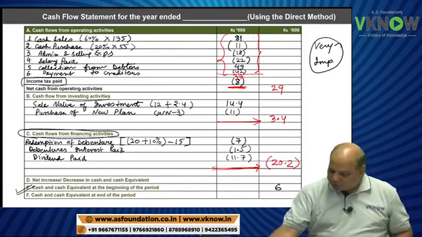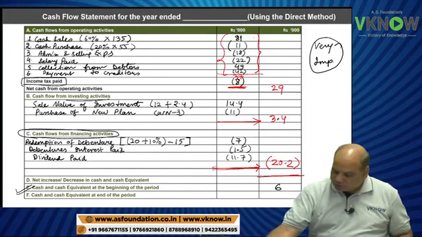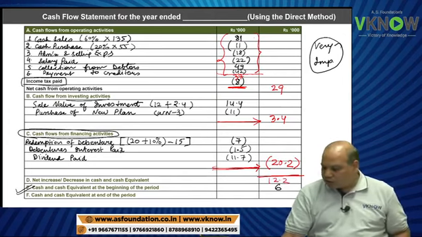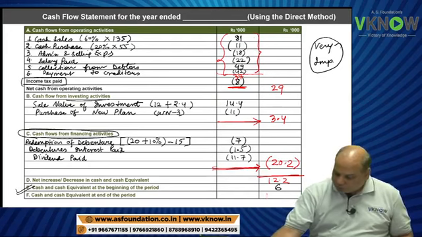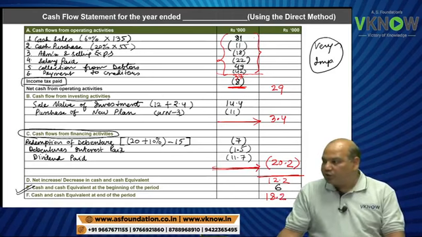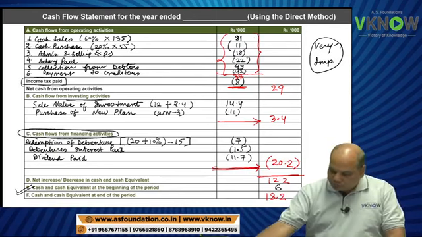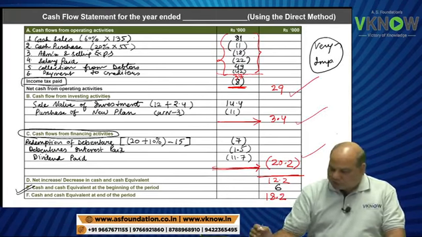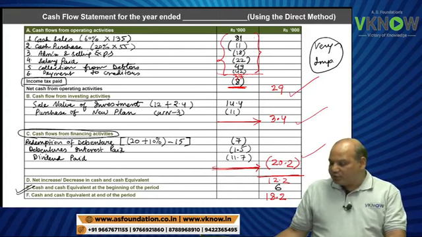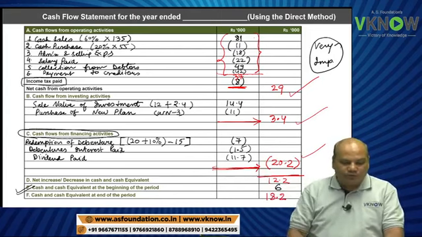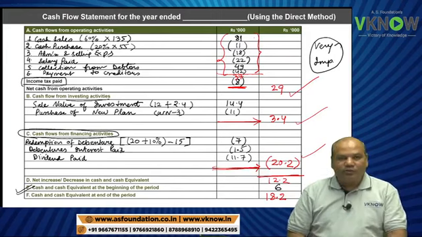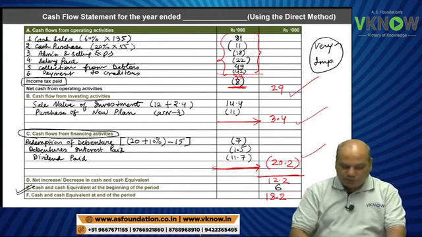So net increase in cash and cash equivalent is 12.2, and opening balance is 6, so closing balance should be 18.2. So Tanya is right. These 3 figures must be correct. Institute will check the last column first. If your last column is right, they will be happy to give you marks.